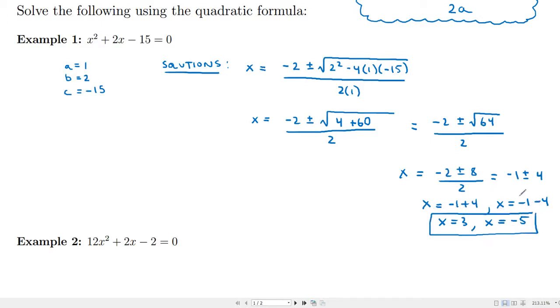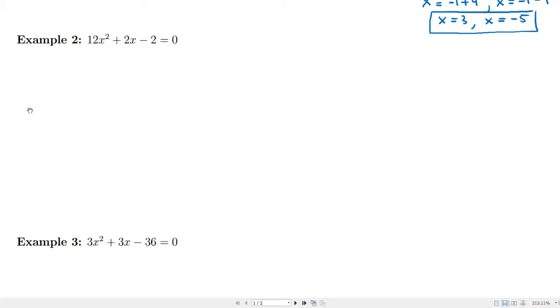And if you were to solve this by factoring, we would see that the factors would have to be positive 5 and negative 3, and then when you solve the roots by the zero product property, these would be your solutions. So that looks correct.